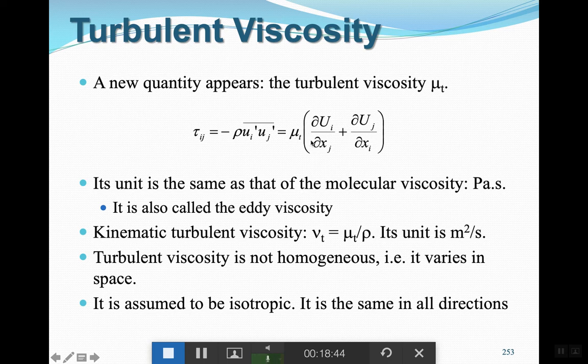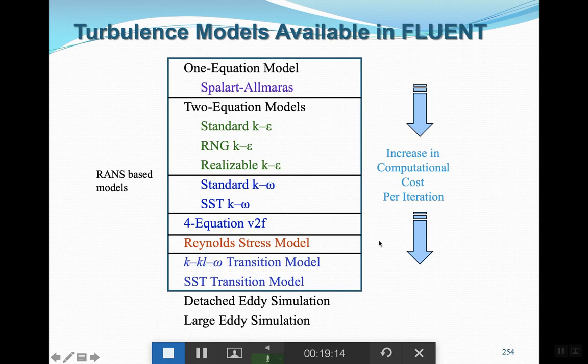The unit for mu t, or turbulent viscosity, is the same as molecular viscosity, Pascal seconds. Remember, it's also called eddy viscosity, and you can also define kinematic turbulent viscosity, nu t, which is mu t divided by density. Okay, and so now let's look at how we can go around and find something for mu t.